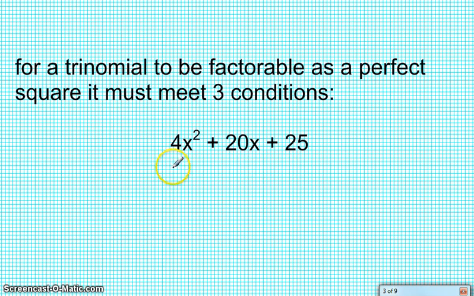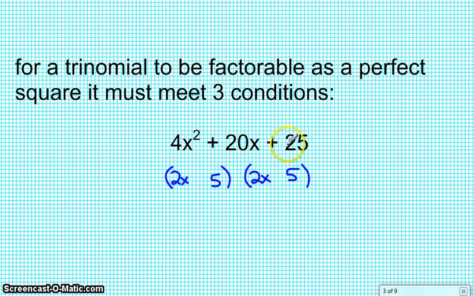So let's go ahead and give it a try. Remember, it was a plus b times a plus b. So let's look at this one. This is 4x squared. Well, the square root of 4x squared is 2x, so that's going to be my first term in both of the factors. And the square root of 25 is 5, so that's going to be my second term in both of the factors.